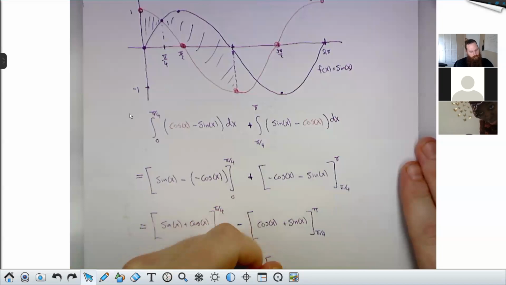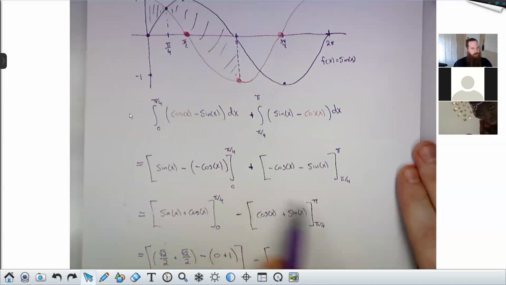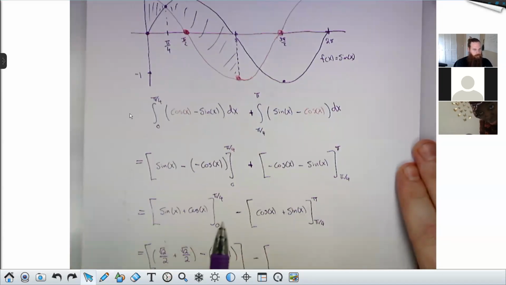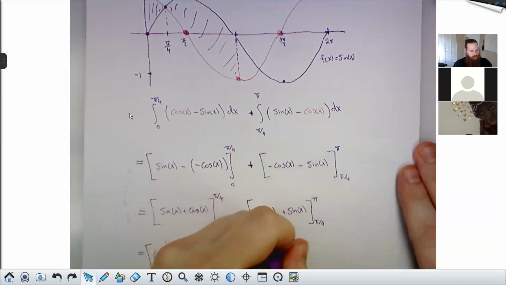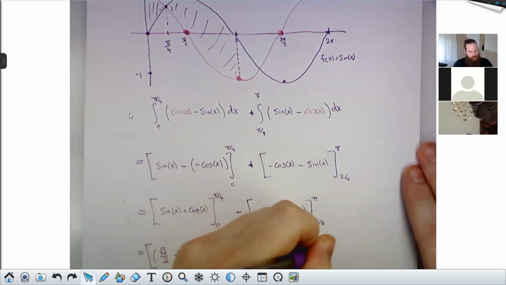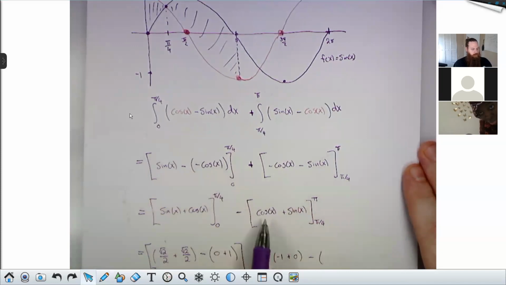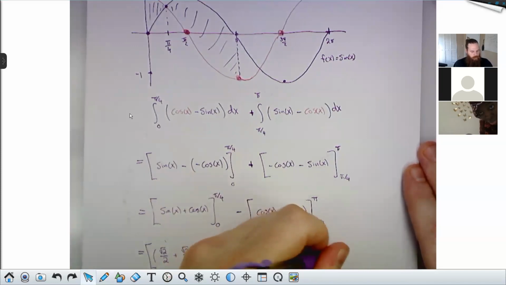And from that, I'll subtract what I get over here. At the upper bound pi, the cosine of pi is negative 1, and I have to add that to the sine of pi, which is 0. And then I subtract what I get when I plug in this lower bound, which is root 2 over 2 plus root 2 over 2.